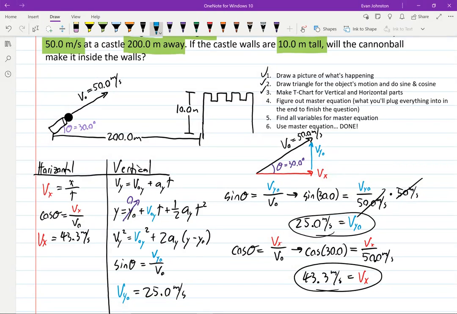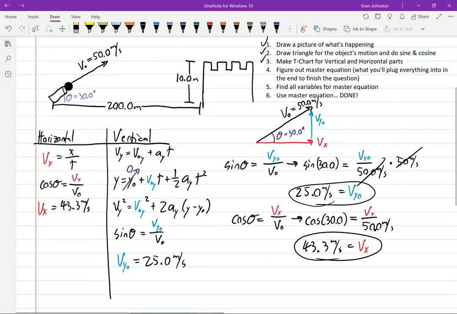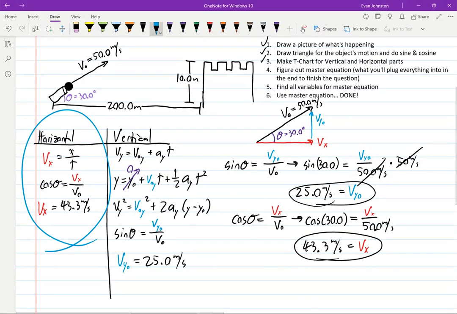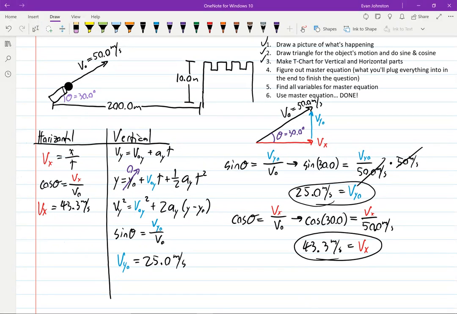And so we have these two equations, and both of them have two unknowns. We want to get y, but we either need to find the time to use this equation, or we need to find the y velocity when it's right here. So here's where the horizontal part is going to help us out, because we know the x velocity and we know how far it's going. It's going to be going 200 meters in the x direction.